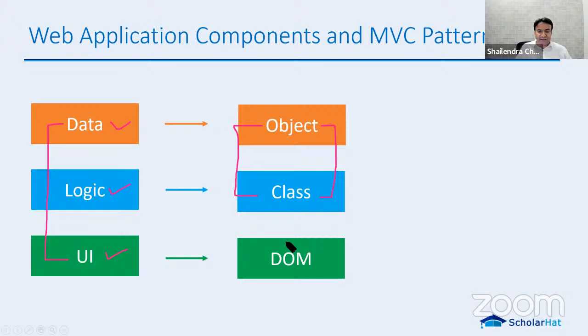Then we have the UI. So UI is the document object model. When it comes to presenting data to the user, how do we present the data? We present the data with HTML markup. Have you ever thought that the HTML you are writing is going to render exactly the same everywhere?